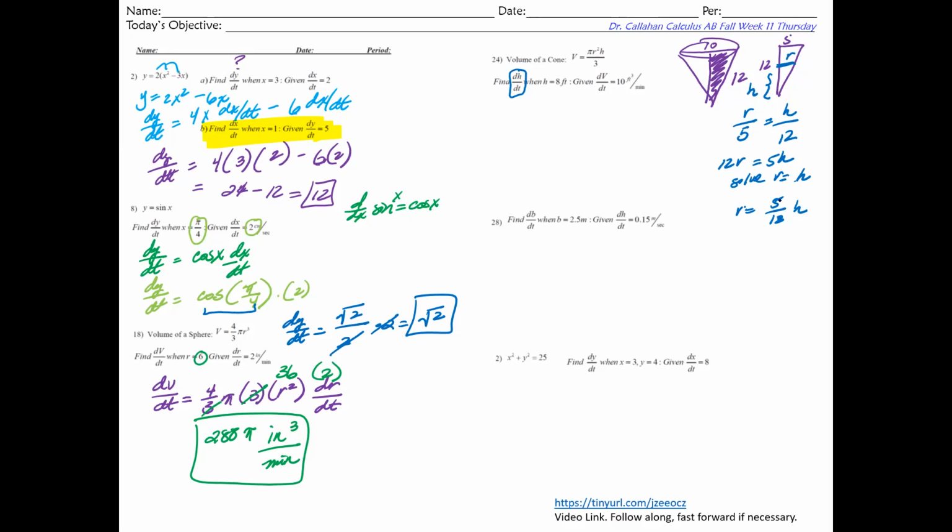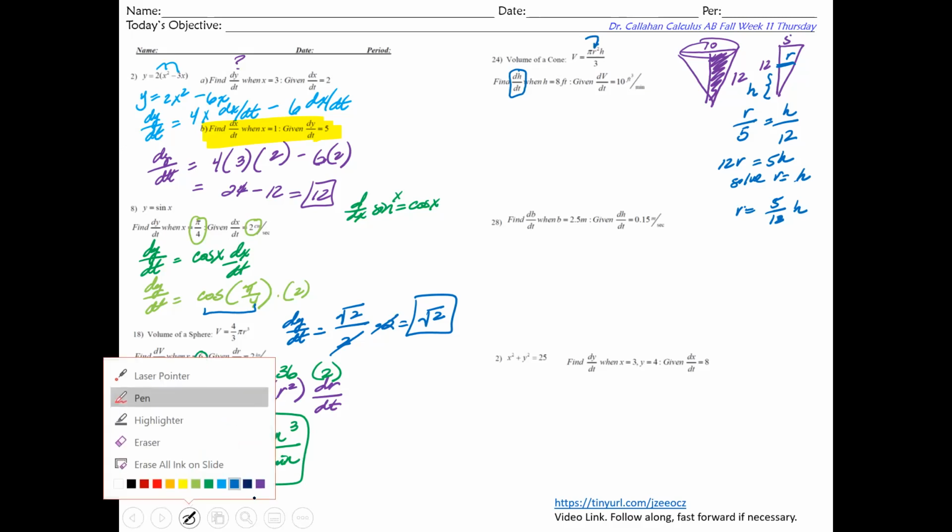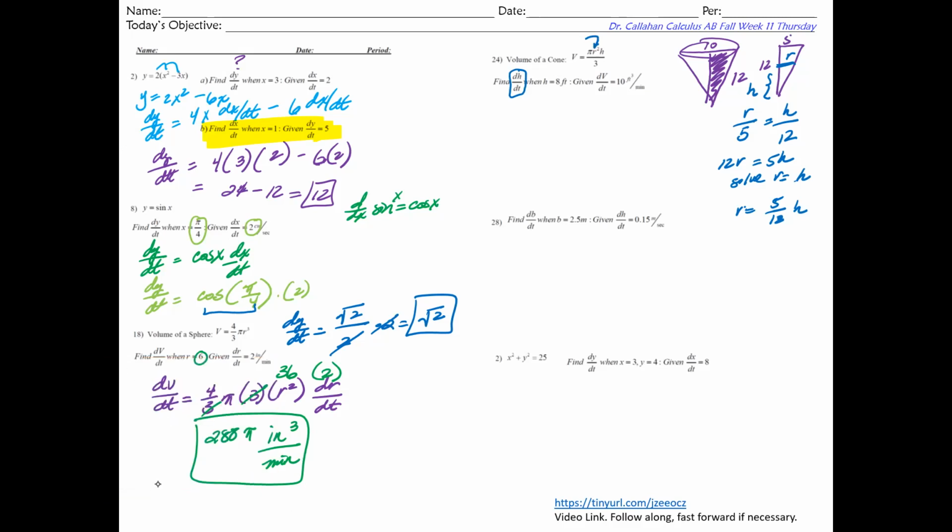So then what I want to do is when I look at my formula right here, I'm going to try to plug that in. Okay, so I have volume is equal to pi. My radius is 5 over 12 h squared times h, all the way over 3.